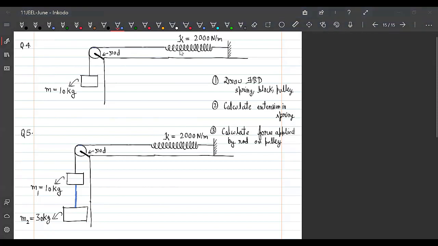Anyone got the extension in the first case? Sure, 1 by 20 meter. 1 by 20 seems correct.